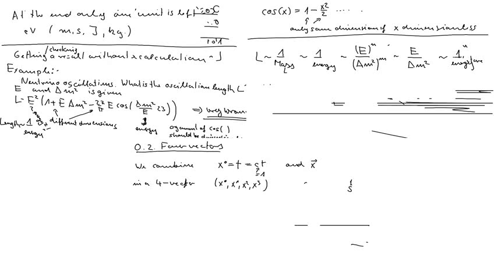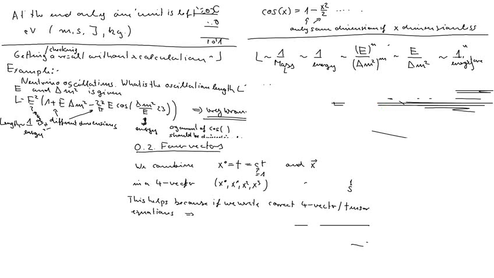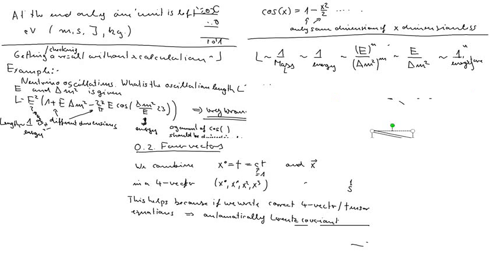But mathematically, as it turns out, if we write correct 4-vector equations, or if you want, we can also do 4-tensors, then they are automatically Lorentz covariant, if we have written them in a 4-vector notation.